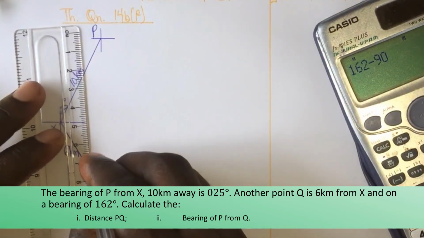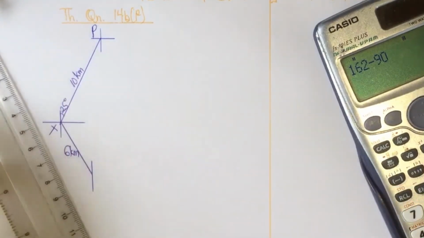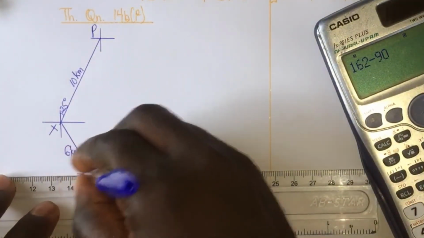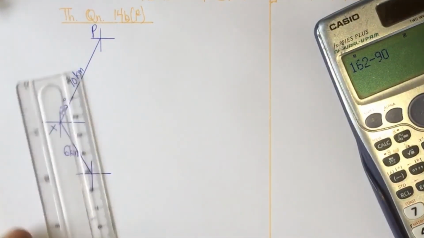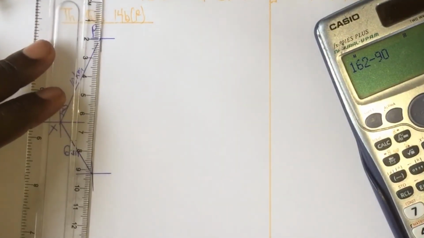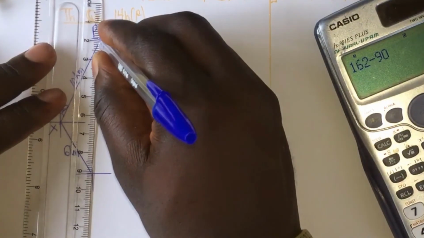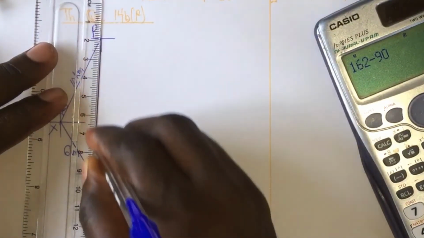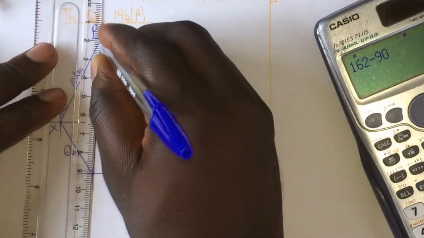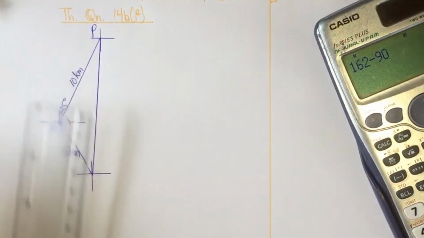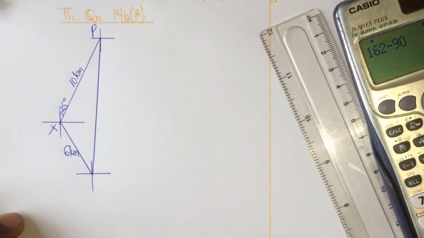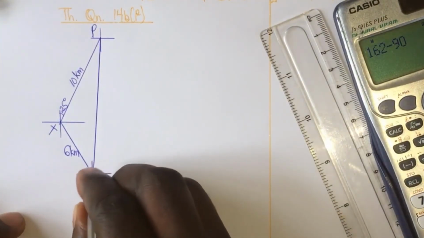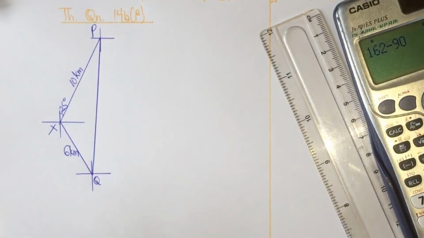So let's construct this plane here. Next, we have to join this from P to Q. PQ.